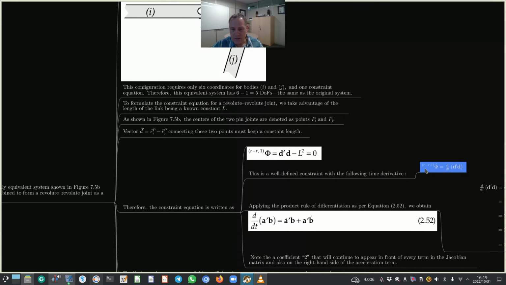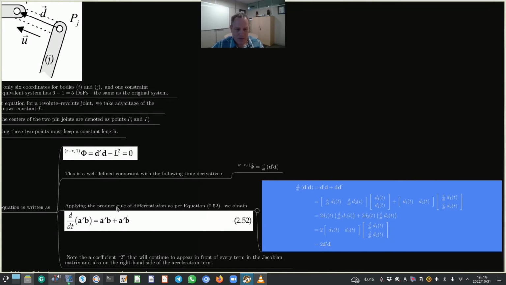Superscript R dash R standing for revolute joint. It has a single constraint equation, that's why there's a 1. Phi dot equals d by dt of d transpose multiplied by d.